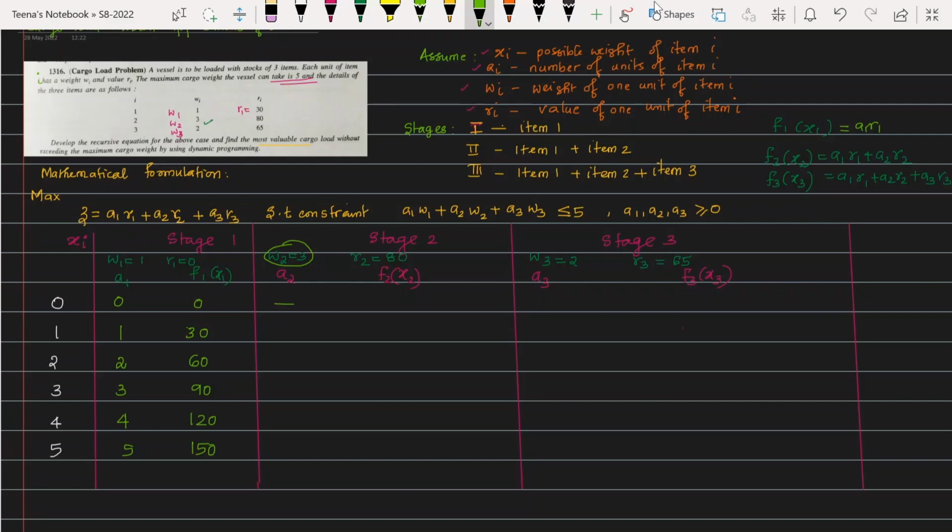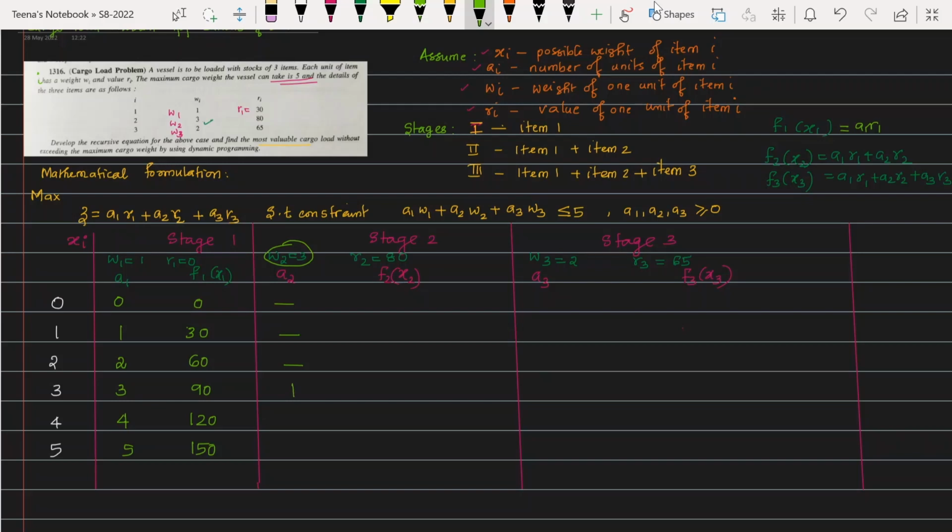Now, in order to have the cargo weight to be 1 unit, again we cannot consider our A2 because A2 is our item 2, and for item 2 the minimum weight is 3. So we cannot have this 1 as well. Then for 2 also we cannot consider because our item 2 has weight equal to 3, and so when it comes to 3 we will have 1 unit of item 2.